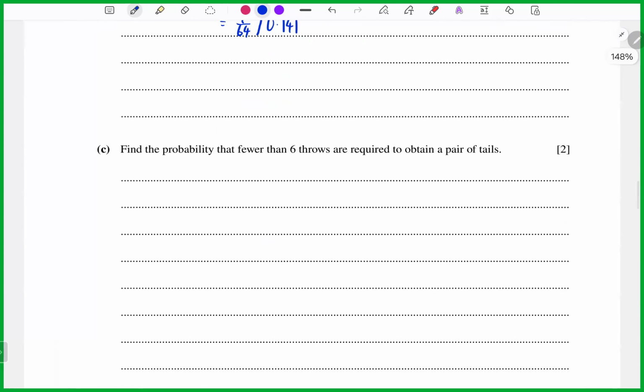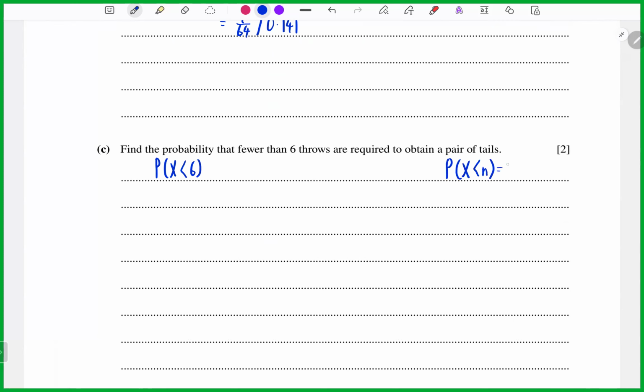Let's look at part C. Find the probability that fewer than 6 throws are required to obtain a pair of tails. It means less than 6, right? So we can apply the formula here.